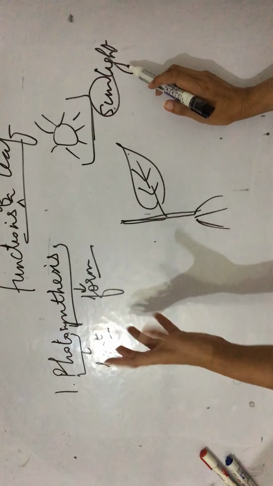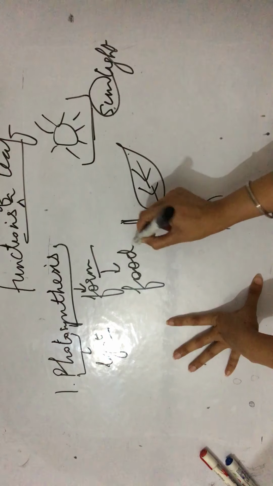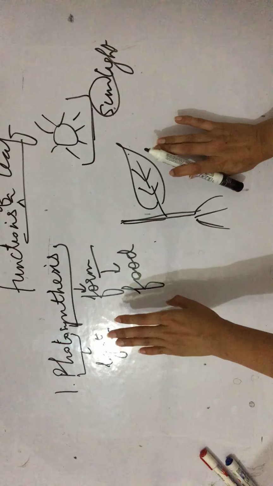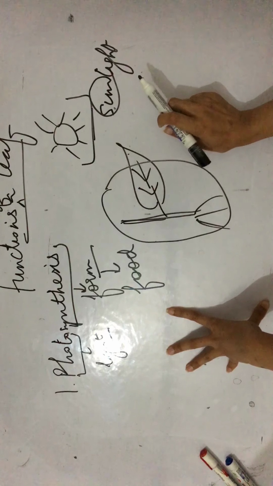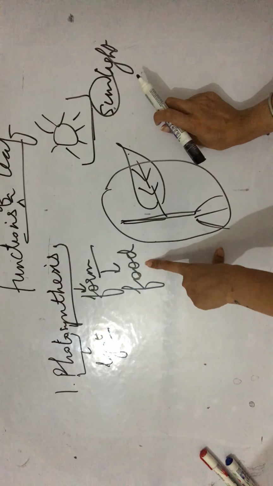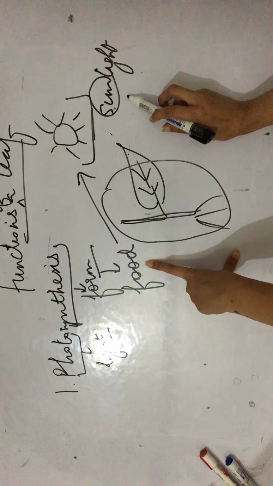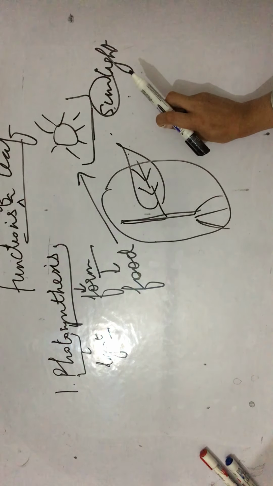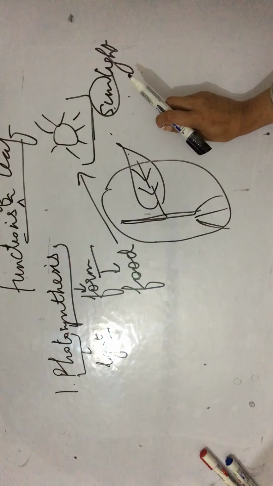And what does it form? It forms food. So photosynthesis is a process in which a plant forms food in the presence of sunlight. Okay, so how are leaves helping in photosynthesis?